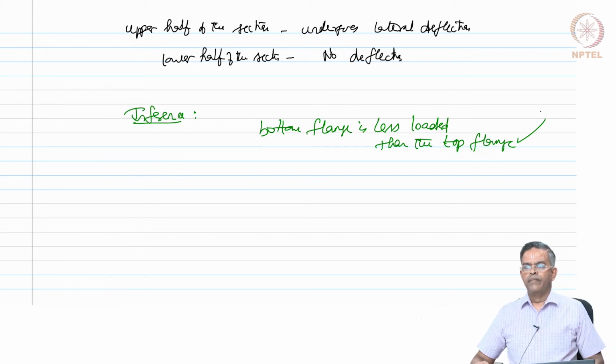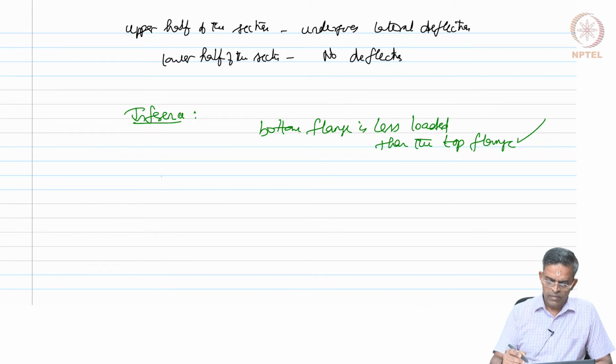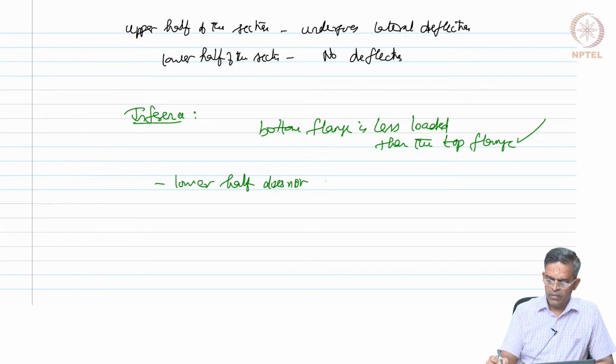But in the case of a column, one can agree that both top and bottom flanges would have undergone the lateral deflection, right. But in this case of an example beam, only half of the section is in tension, does not buckle. So, the lower half does not buckle because it is under tension.